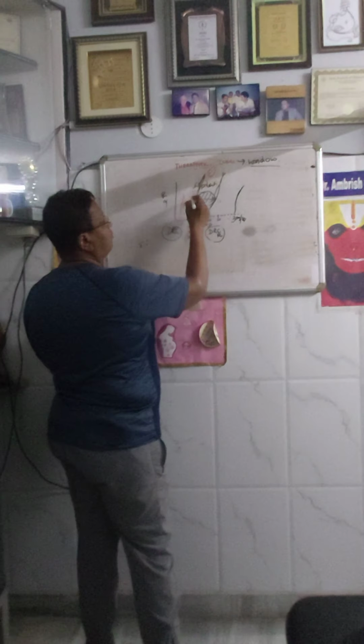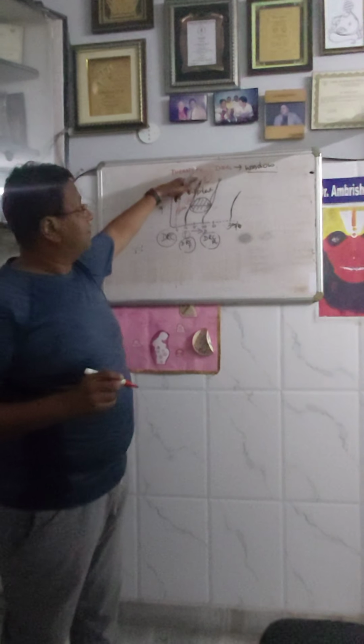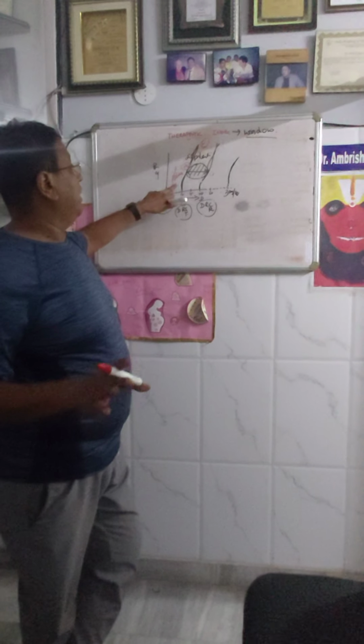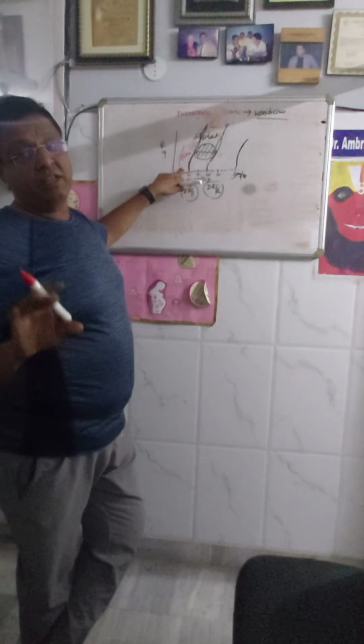So when you compare phenobarbital with phenytoin, you will find that phenytoin is more effective in generalized tonic-clonic convulsions, while phenobarbital is less effective in controlling them because efficacy is here, but potency is high.